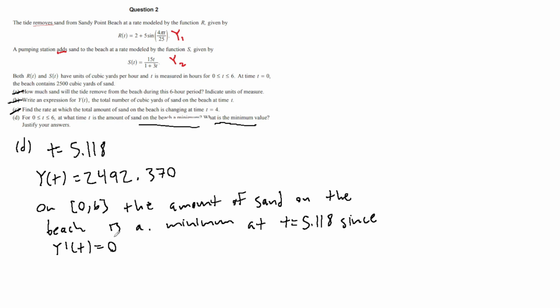So at this point on y of t, the derivative is equal to 0. Therefore, it's a minimum, or maximum, but in this case a minimum.